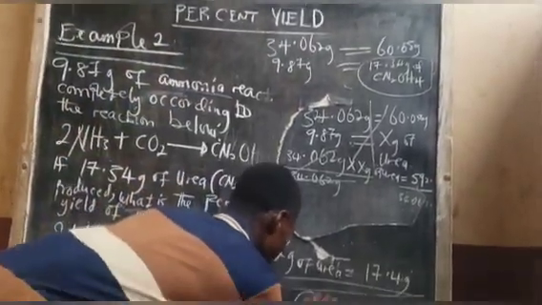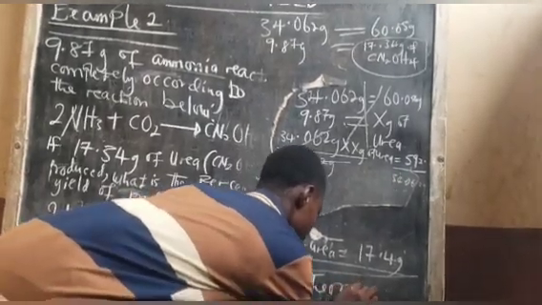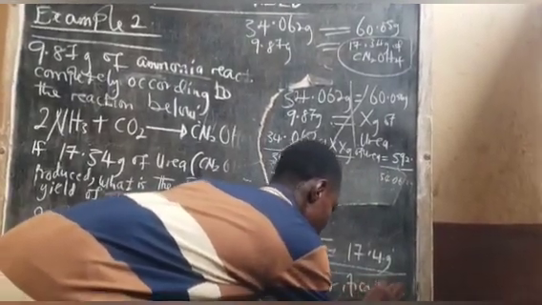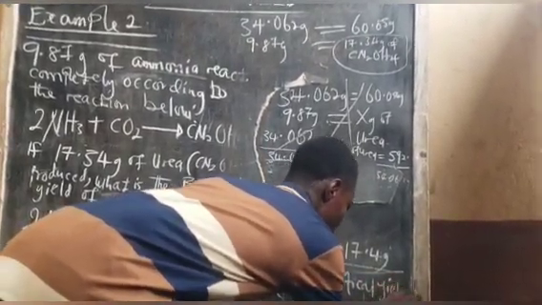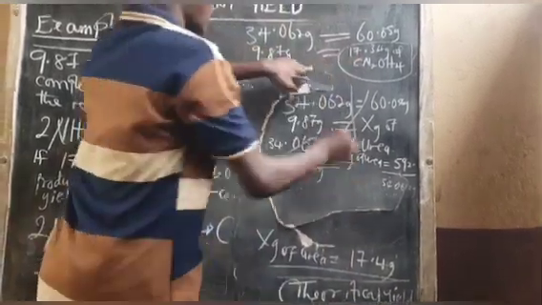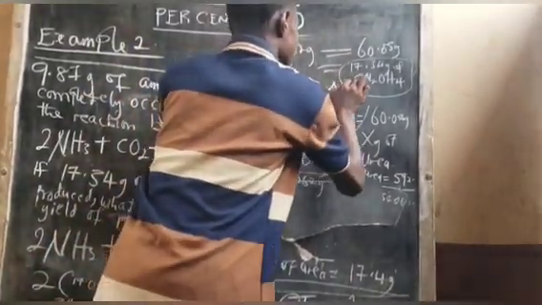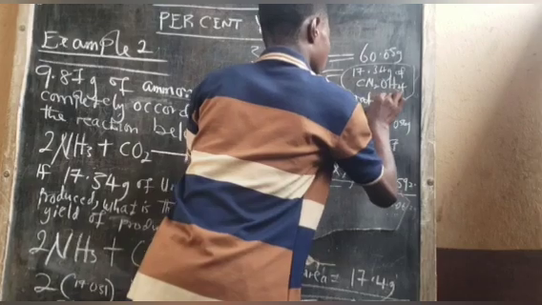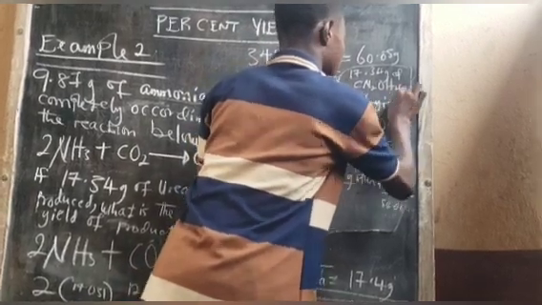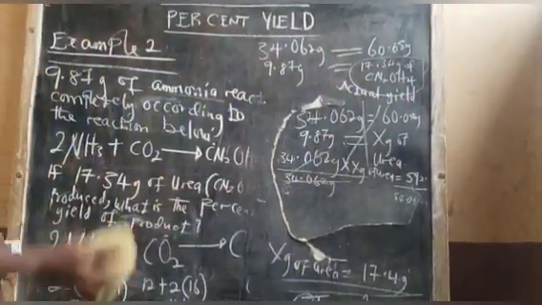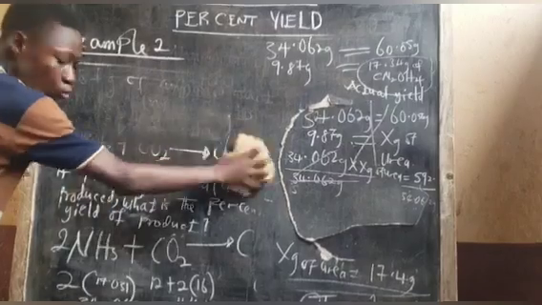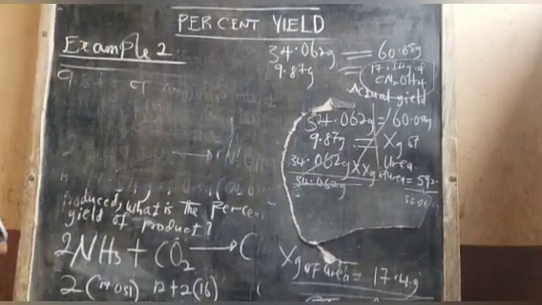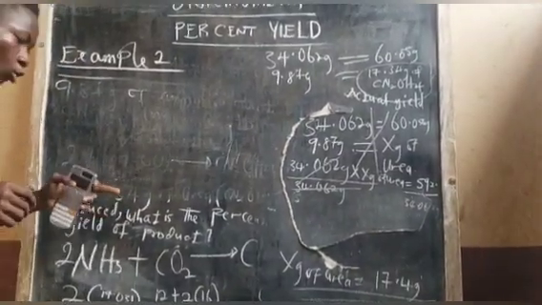You see in bracket, theoretical yield, while this mass is our actual yield. Now, from the question, we are asked to find the percentage yield of product.